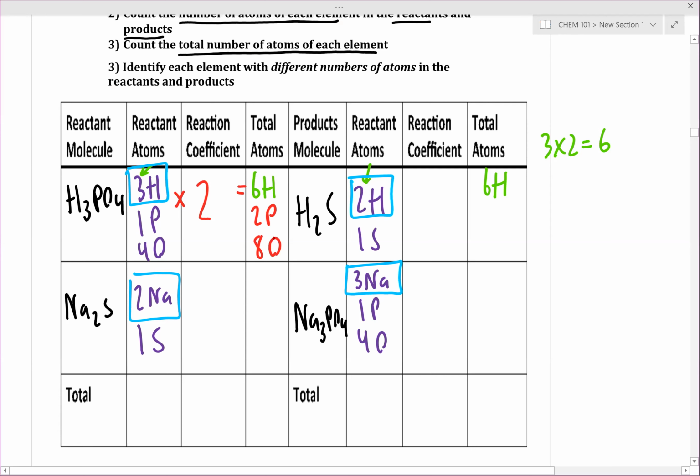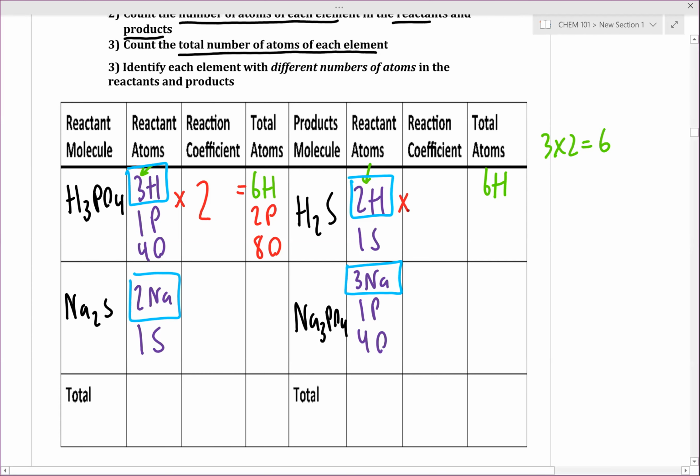I personally find when you put things into a table, it makes it easier to see how the coefficient affects the atoms of each element, since then you're just doing a one-line multiplication. If you don't like the table method, that's okay. I'm showing you this table method because it helps you see tricks that you can use to balance equations quickly.